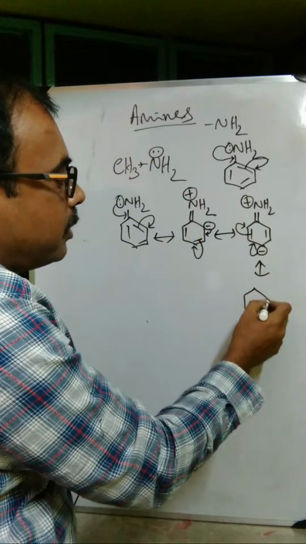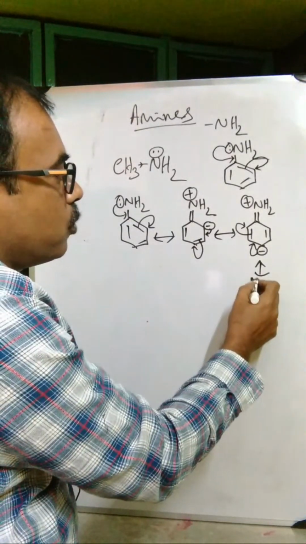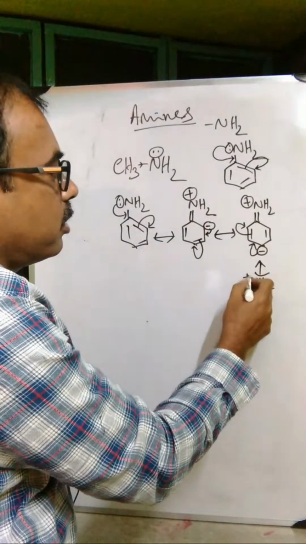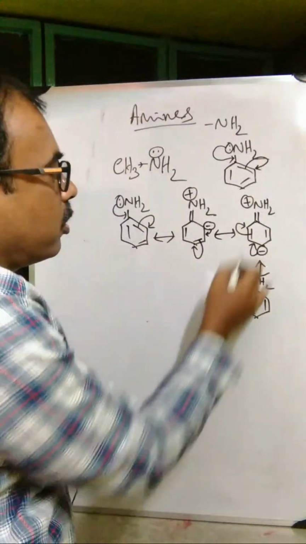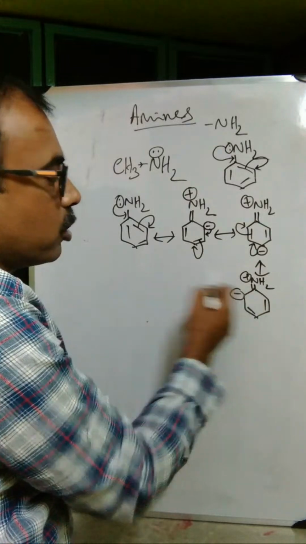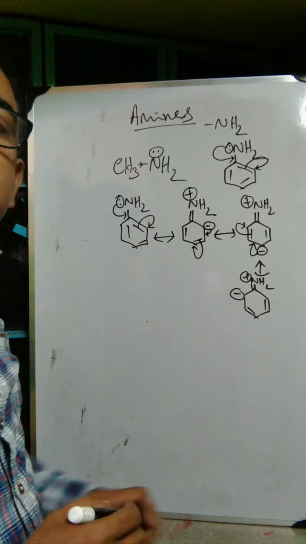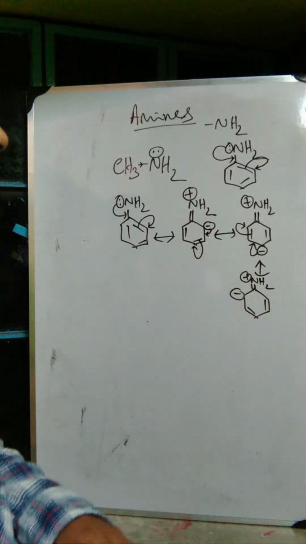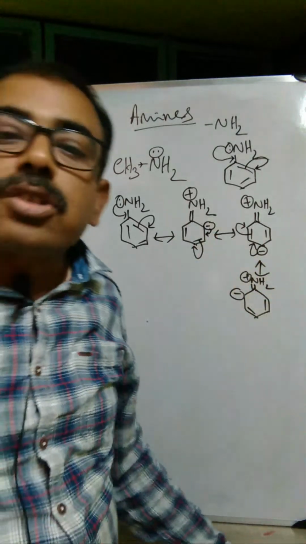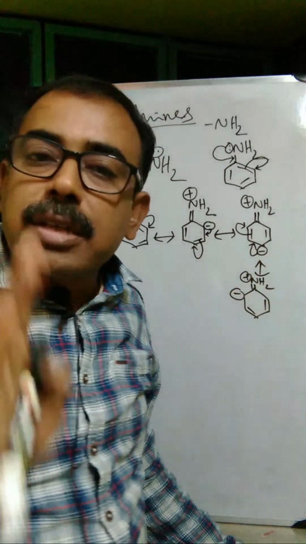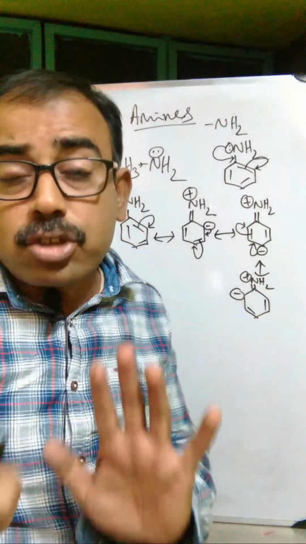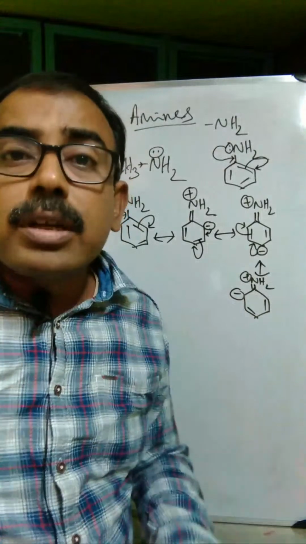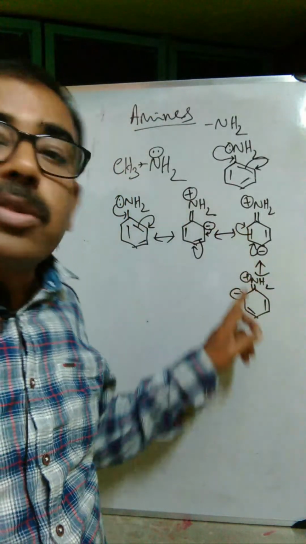The same thing happens: the double bond and NH2 plus remain unchanged, this pi bond is unchanged, the negative charge forms a double bond, and the next carbon forms a negative charge. So these are the resonating structures of aniline. Actually, aniline is the resonance hybrid of all these resonating structures.